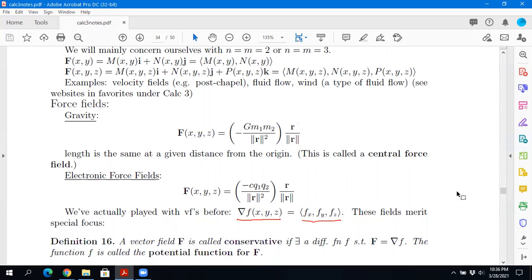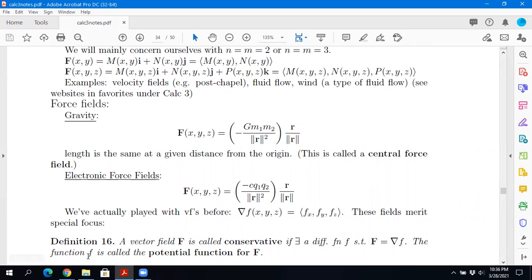We've already seen just how useful the gradient is. So that's probably one of the most important reasons we're looking at this: we saw how useful the gradient is, and that it's a vector field, and that ought to motivate us to learn more about vector fields.